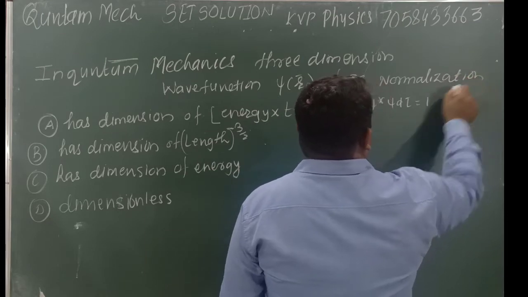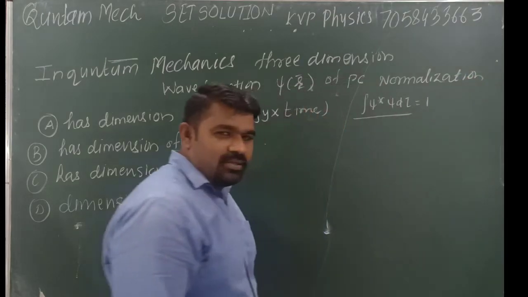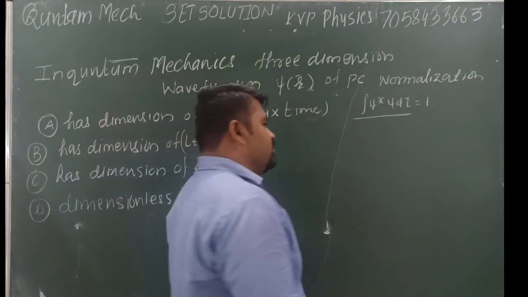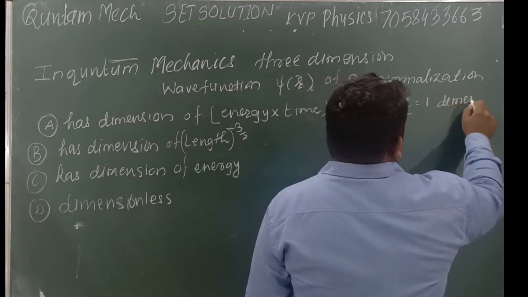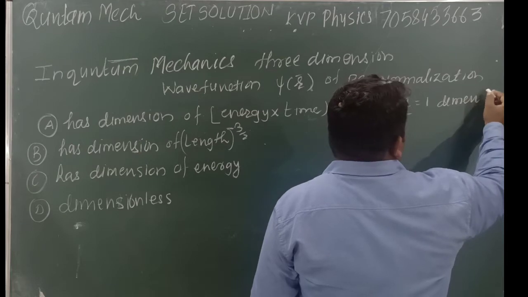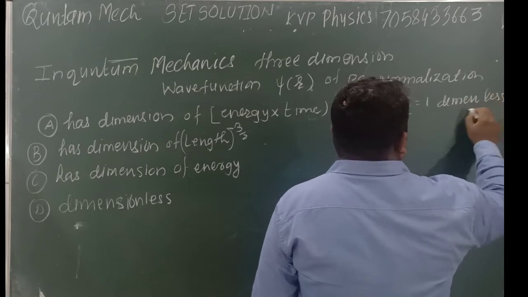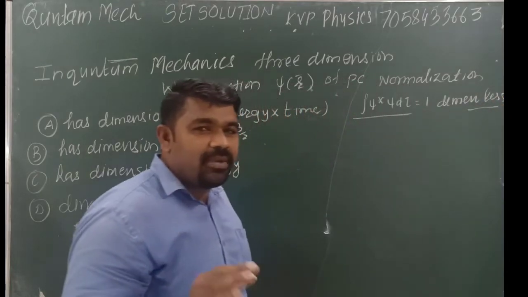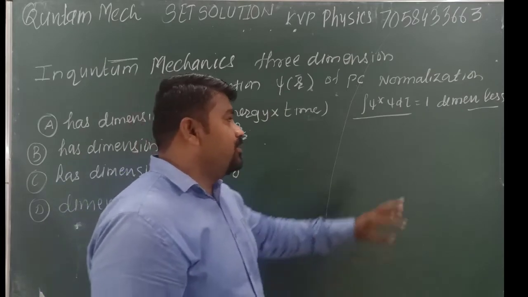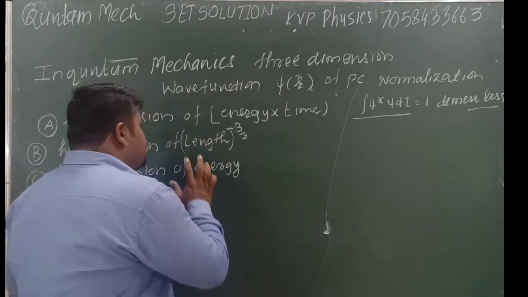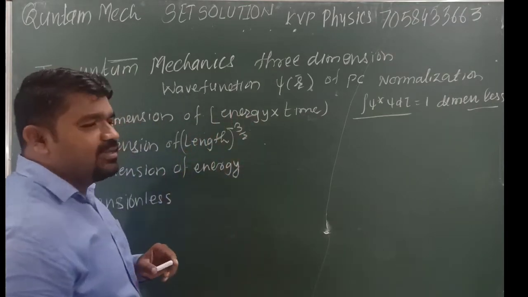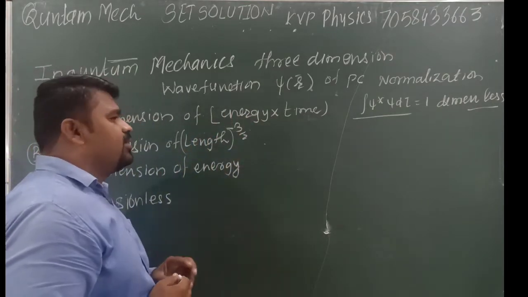What is the dimension of this normalization? This one is a dimensionless quantity, because here we are getting just a number. Our aim is to find the dimension of the wave function. Got it? Next.